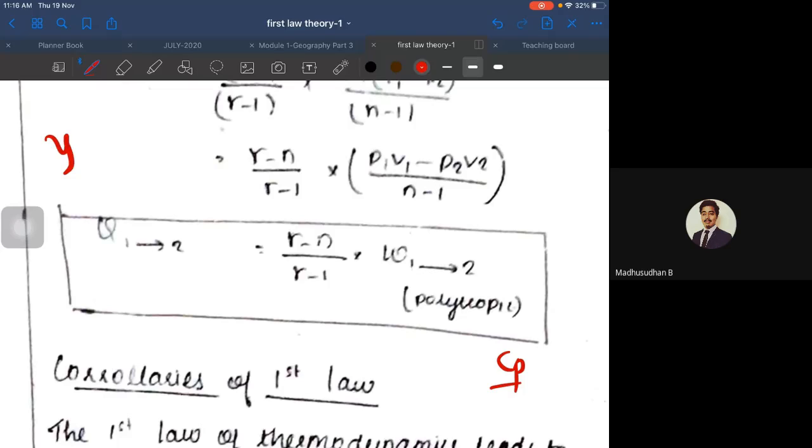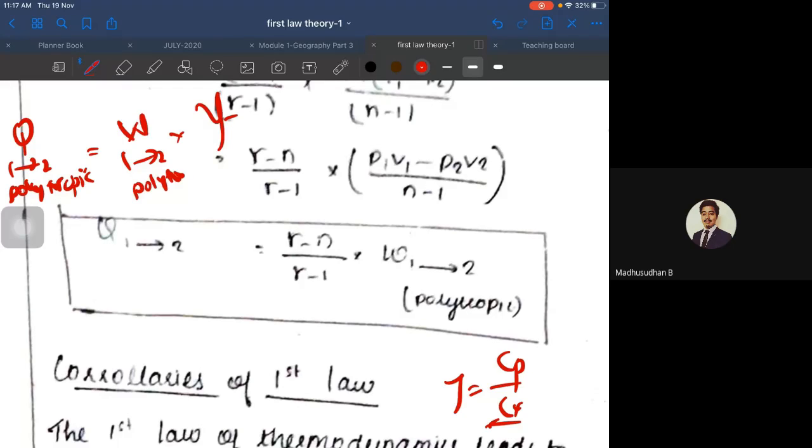Now I'll just take the teaching board. So Q 1 to 2 for a polytropic process, I must calculate now. How do I calculate? I have to multiply W1 to 2 of a polytropic process by gamma minus n divided by gamma minus 1, where n is the polytropic index, 2, 3, whatever will be given in the question.